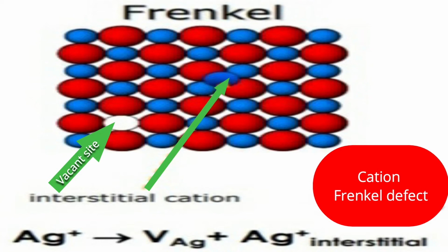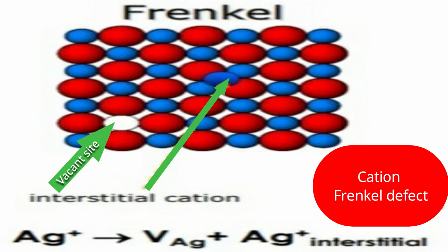So by white color, a vacant site of silver ion is represented because of its movement, and it moves to an interstitial site. That was actually not the position of the silver ion, but wherever it finds a gap, there it goes, causing a defect, causing an irregular arrangement.